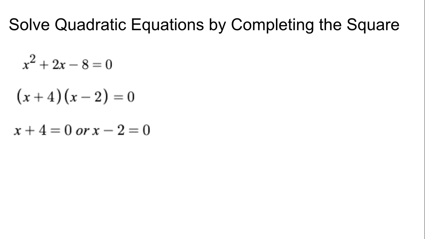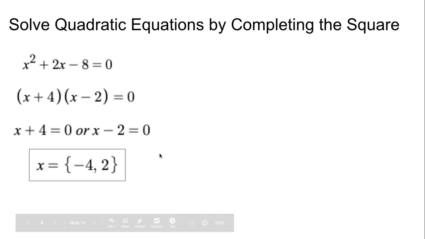That's the zero product property. And of course, you can solve each of these little equations using the properties of equality to come up with this solution. So we don't need a new strategy to solve this problem, but I wanted to demonstrate this strategy with a problem that we already know how to solve so that we see that we'll get the same answer.